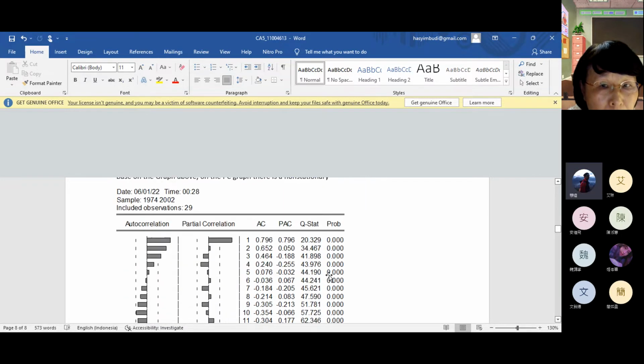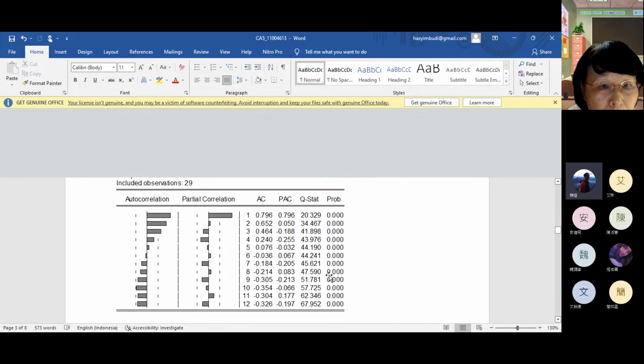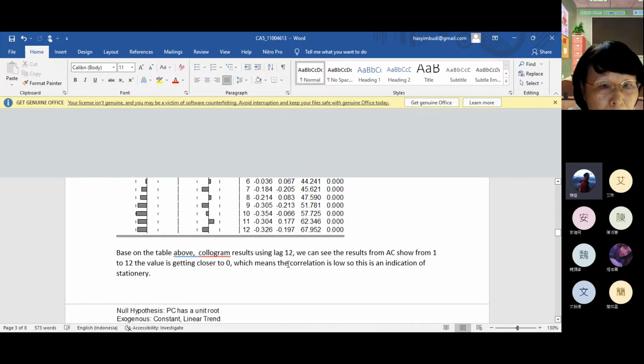And then the correlogram, at lag 5 it declines close to 0. My assumption is that correlation is low, so this is an indication of stationary.